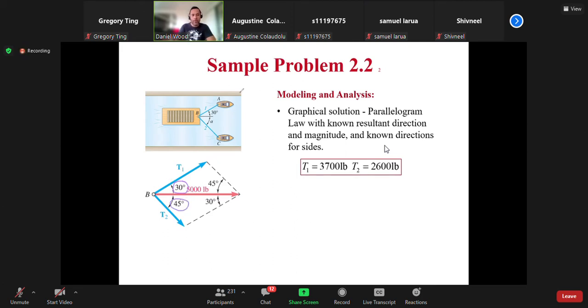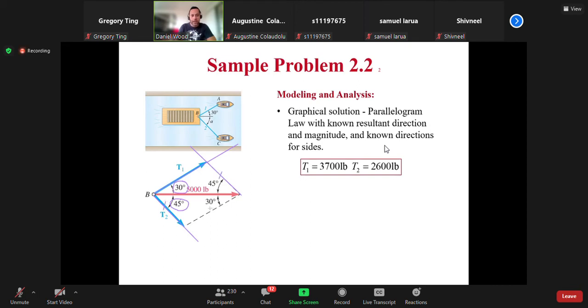So you would draw a line of action of T1 like this. You draw a line of action of T2 like this. Then you'd go to the tip of the 5,000 because that's the only vector that you know the length of. And remember, I'm doing 45 degrees, so it has to be a line that's parallel to T2.